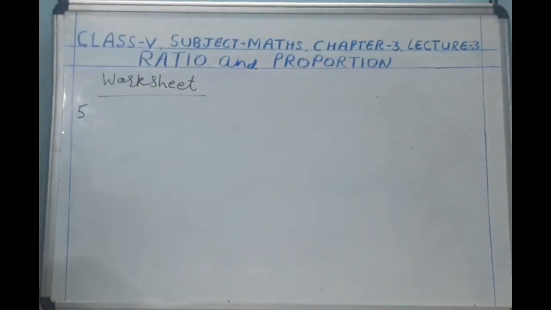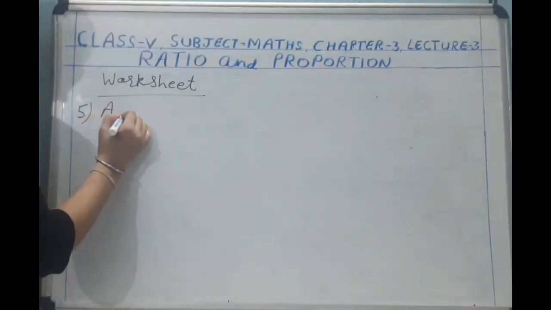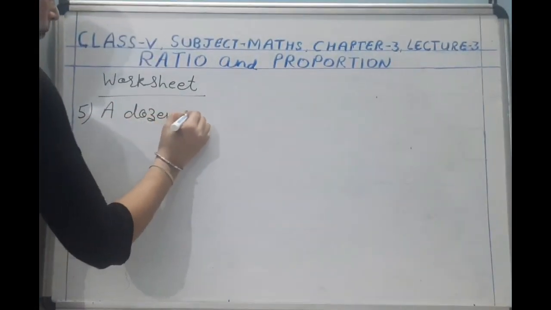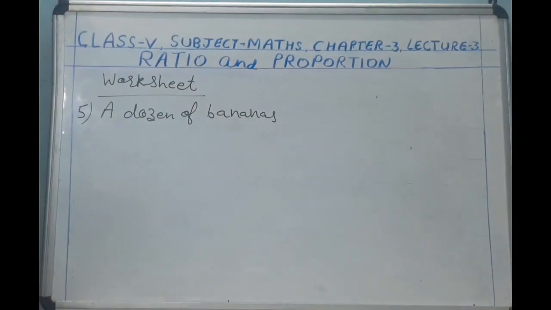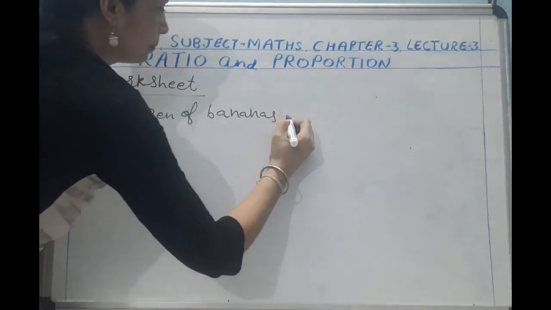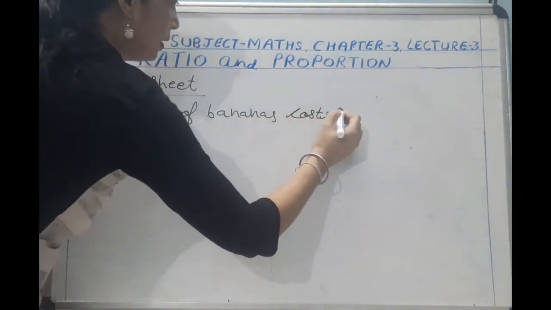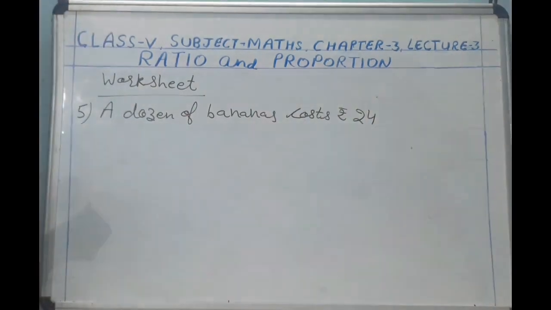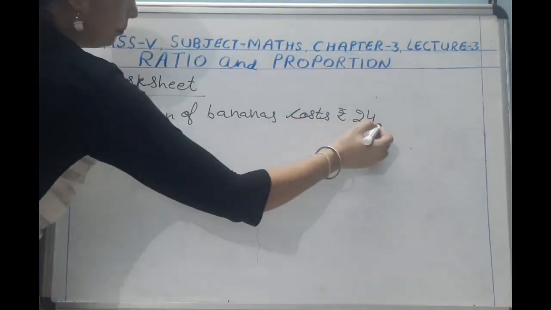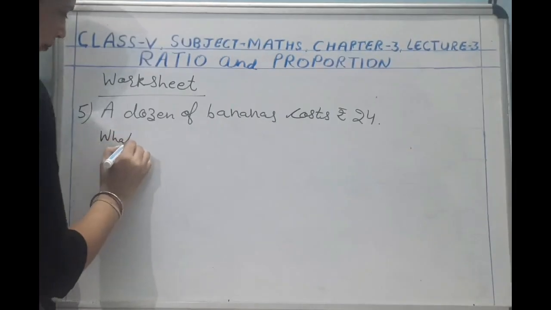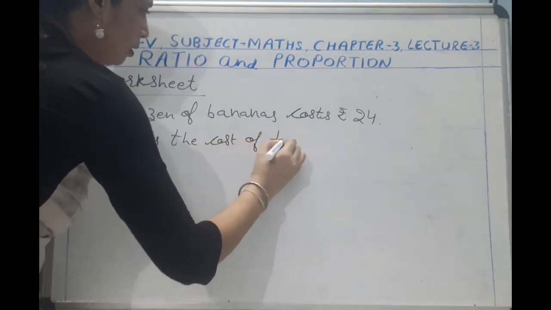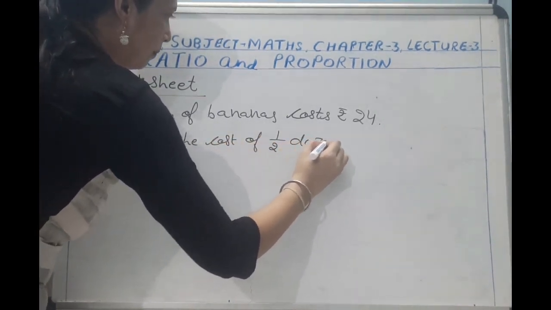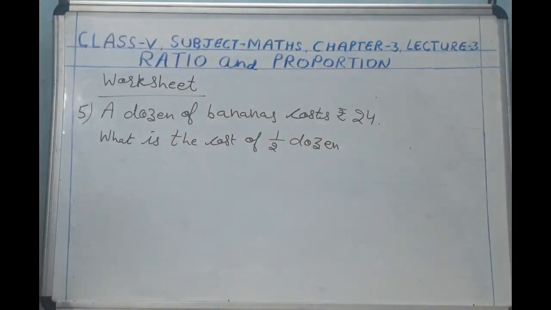A dozen of bananas cost rupees 24. What is the cost of half dozen?